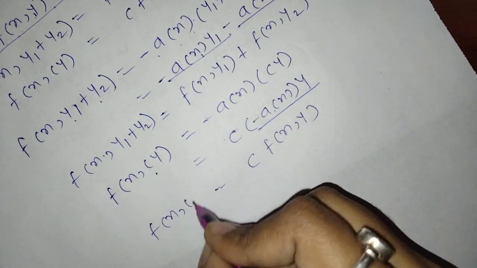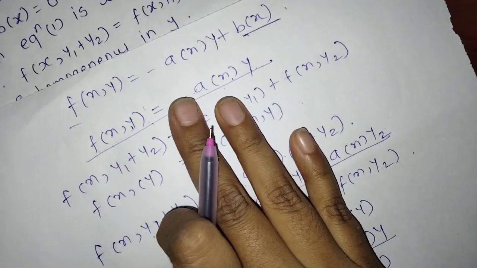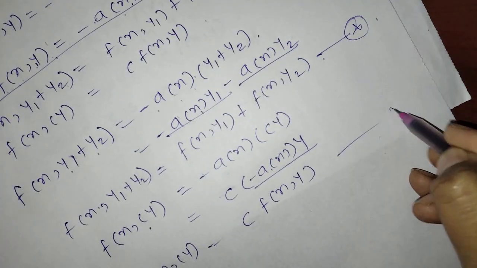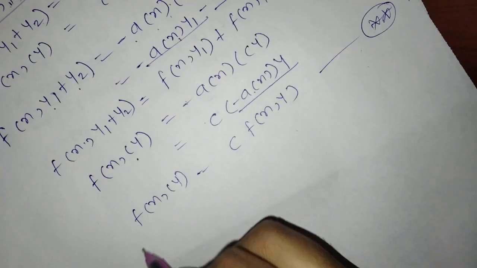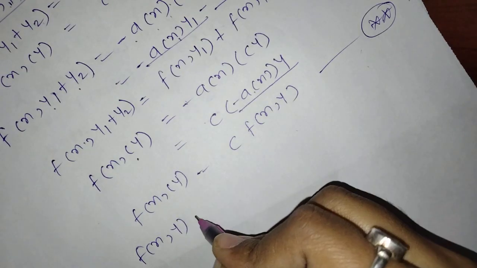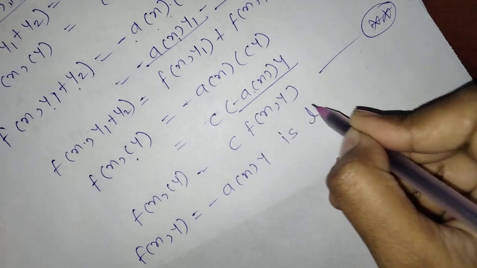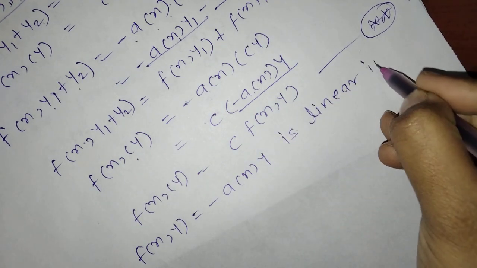So this condition is also satisfied. So by these two conditions, f(x,y) = -a(x)y is linear in y.